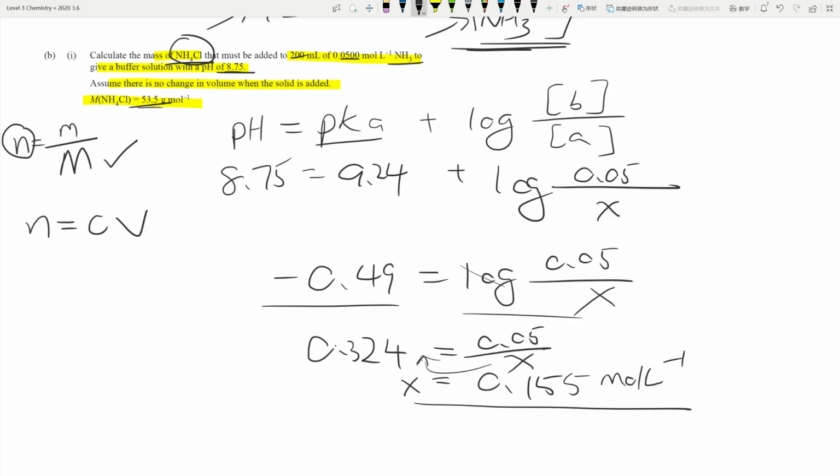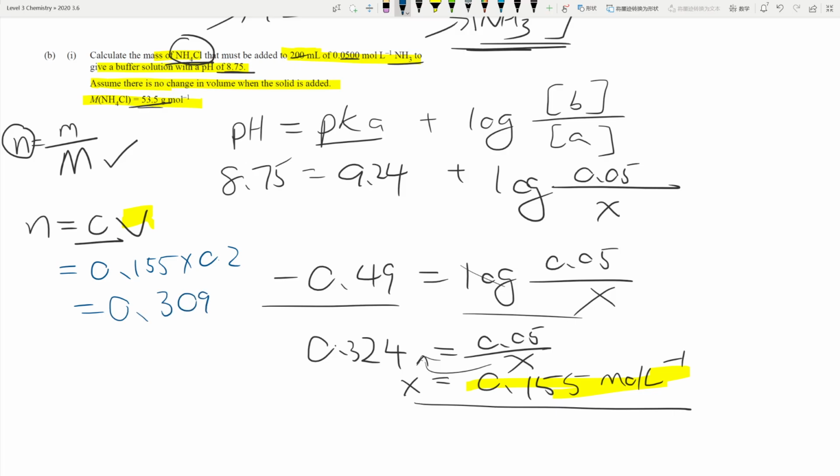Mole equals n equals CV. So what do we know? We know the C, which is right here. This is the thing we calculated, moles per liter. We need the volume. They gave us 200 mL. They said assume there's no change in volume, so that means there's still only 200 mL of the stuff in there. So this is just going to be 0.155 times 0.2 liters, which is going to be, times that by 2, which is going to be, remember, don't delete numbers from your calculator.